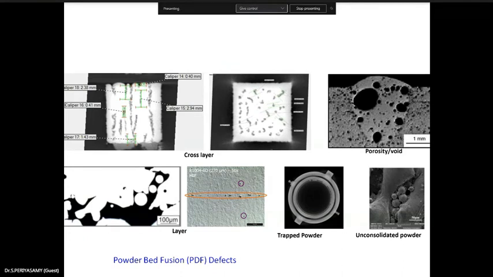So that will determine the crystal structure as well as the grain growth. So here you have some of the granules, the powder particles, that are not sintered or melted and do not have an attachment. Similarly, it will have some porosity and unmelted parts.